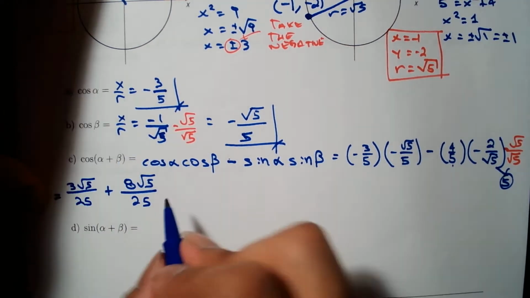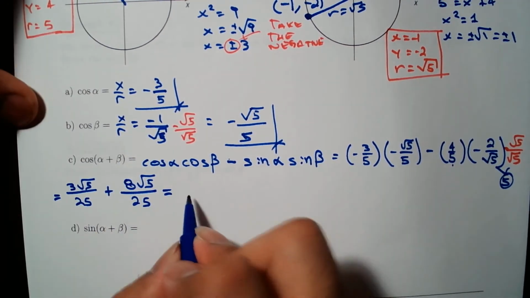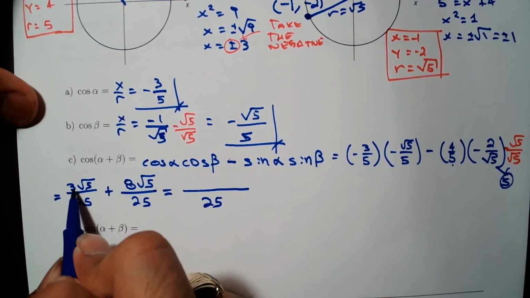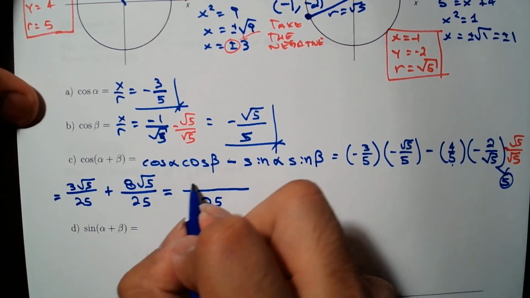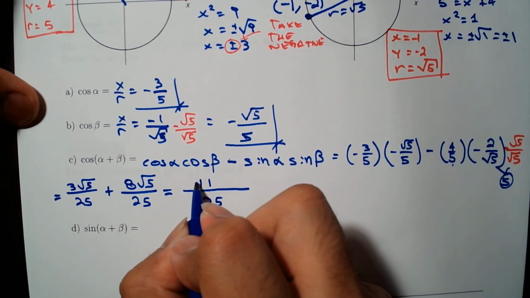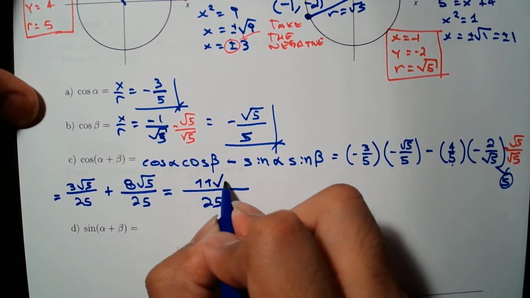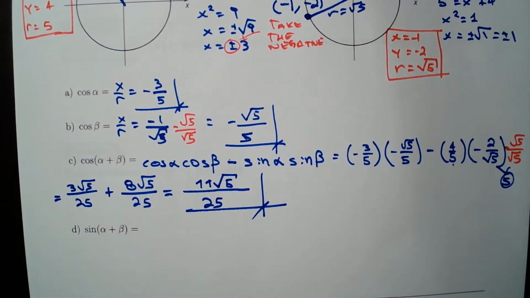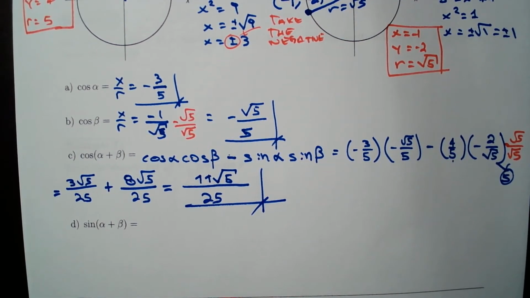And in this case, that becomes one single fraction because we have the same denominator. 3 root of 5 plus 8 root of 5, all we do is add the coefficients: 11 root of 5 over 25. And that's the final answer for this example.